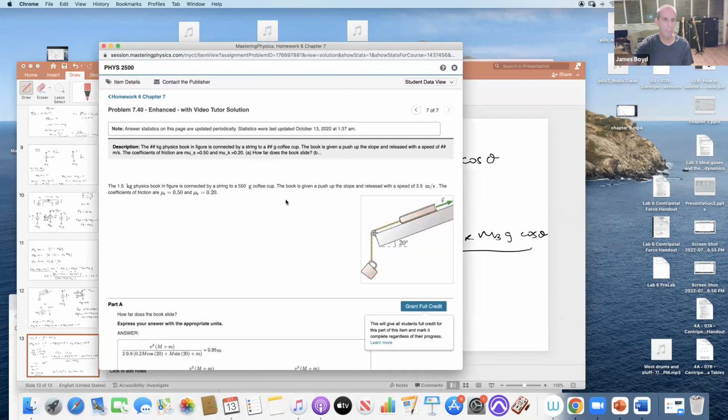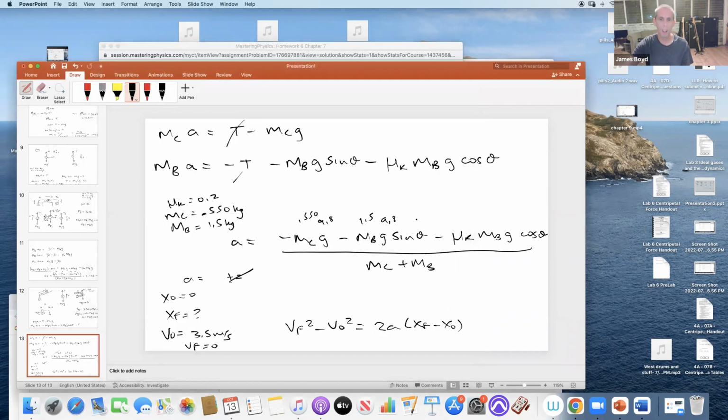What was the angle? 20 degrees. This is 20, 0.2, 1.5, 9.8, and 20, just so that I don't forget things when I plug them in. Notice that they're all negative. 0.550 times 9.8 plus 1.5 times 9.8 times sine of 20 plus 0.2 times 1.5 times 9.8 times cos 20.